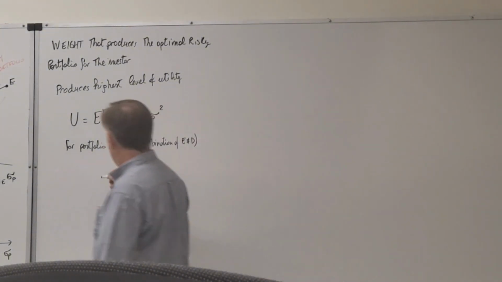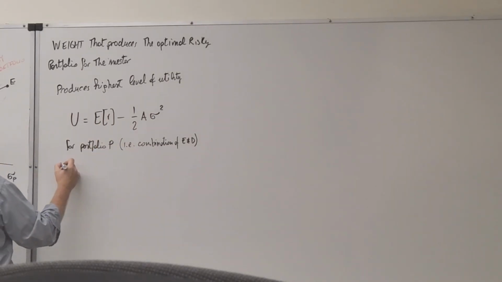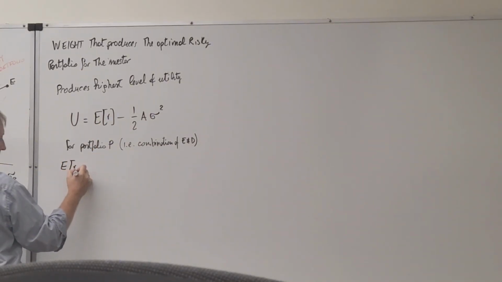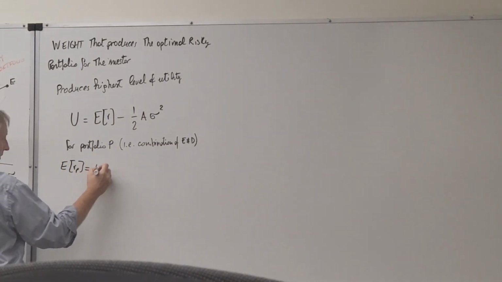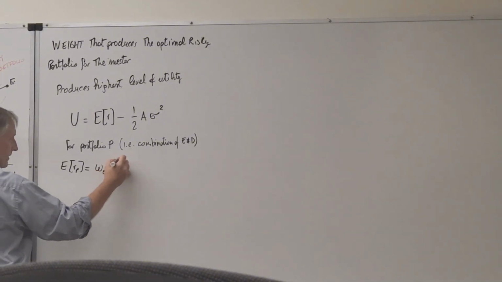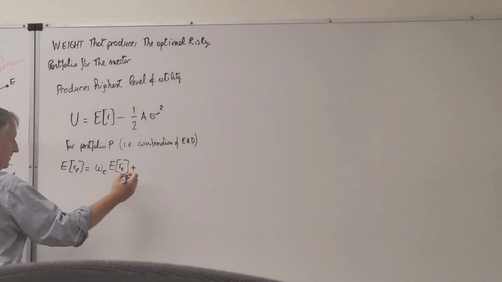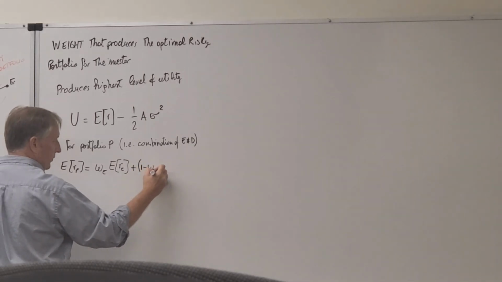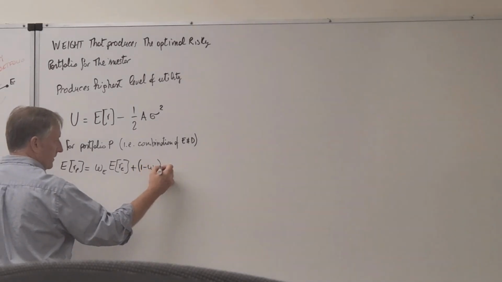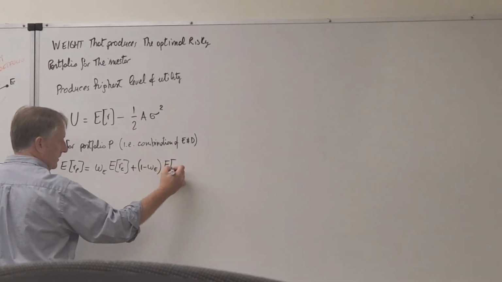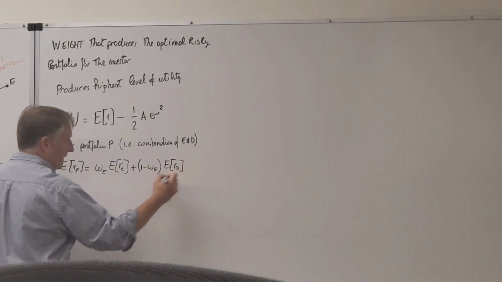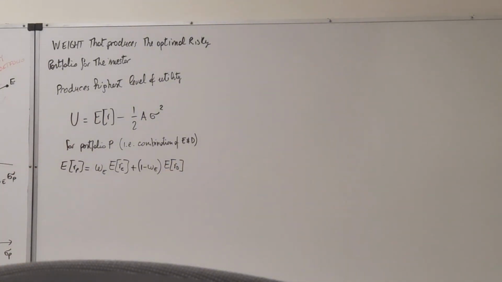Well, this expected return of P is the weight of equity times the expected return of equity, plus 1 minus the weight of equity times the expected return of debt. Do you agree with that?